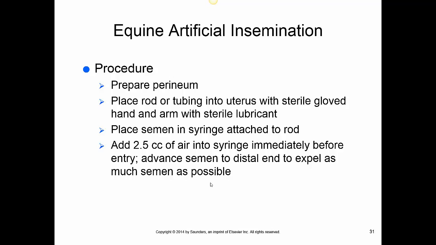Whereas if you're using an insemination glove, you actually protect that pipette and then the tip of it with your pointer finger, and then you go in as sterilely as you can, and then you stick your finger just into the very caudal cervix, and then you just put the pipette just barely beyond that. Either way you're going, you're putting semen directly into the cervix. The most common way is with the glove.